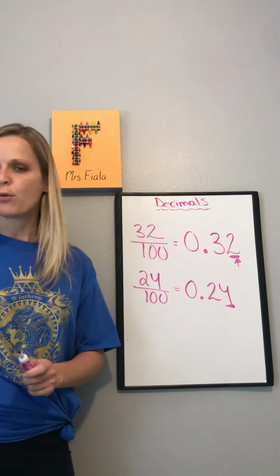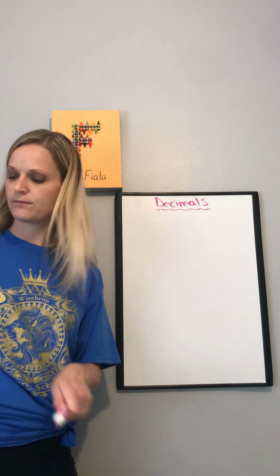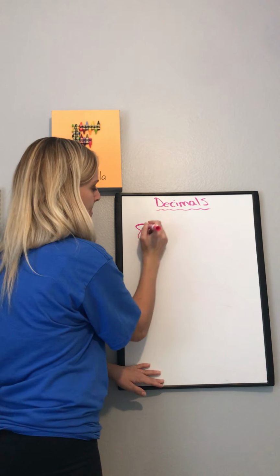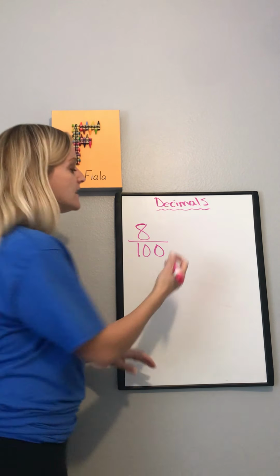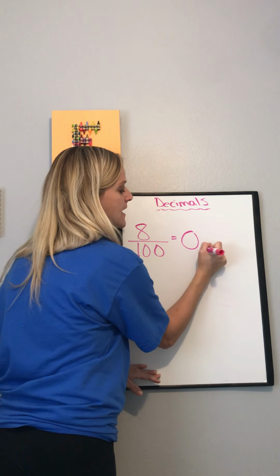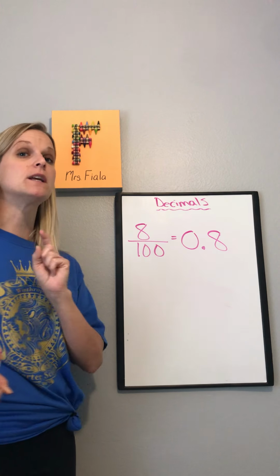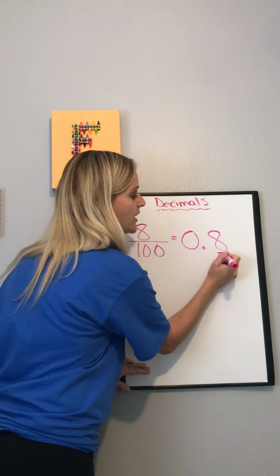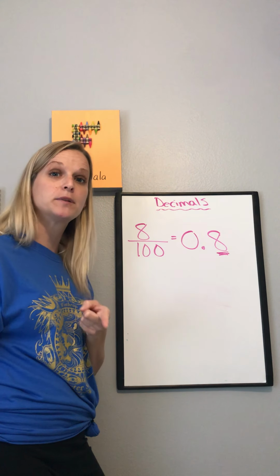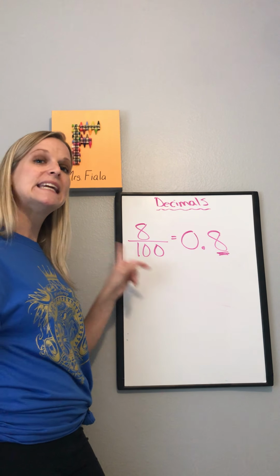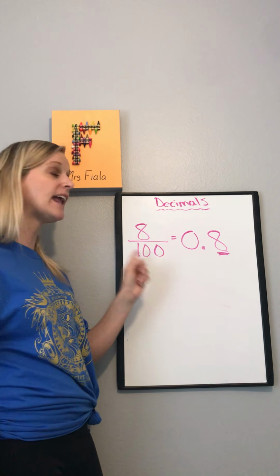Okay? But what if you had something like this? 8 hundredths. How do you write that? This is what I will get a lot of times as an answer. And that is incorrect because what place value is this 8 in? That 8 is in the tenths place. Is this out of 10? It's not. So this decimal is saying 8 tenths, not 8 hundredths.